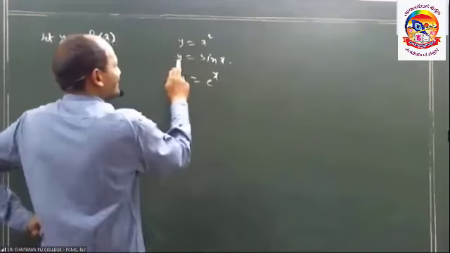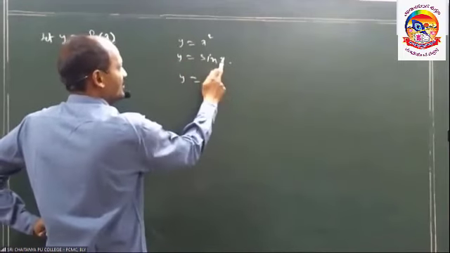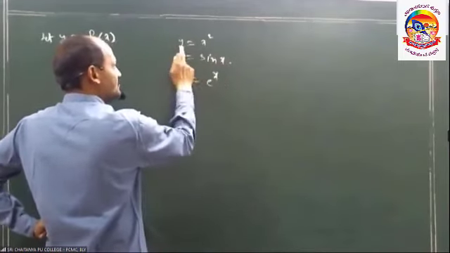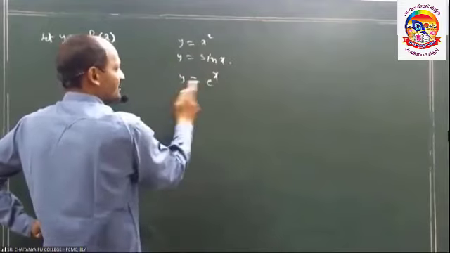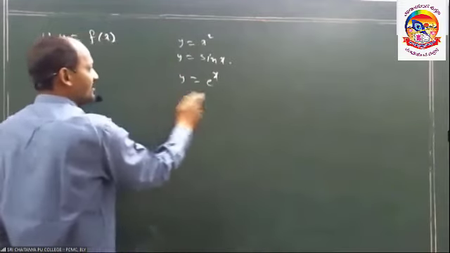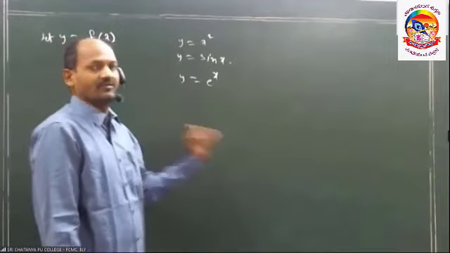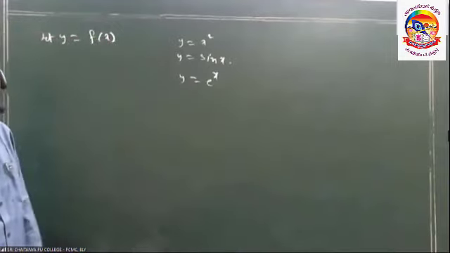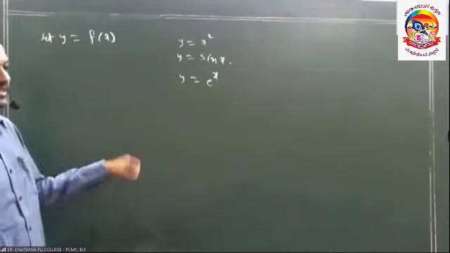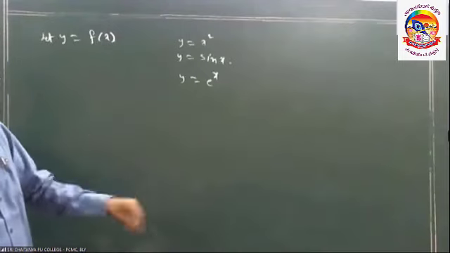So the value of y depends on x. Here x is called the independent variable, and y is called the dependent variable. Y depends on x.